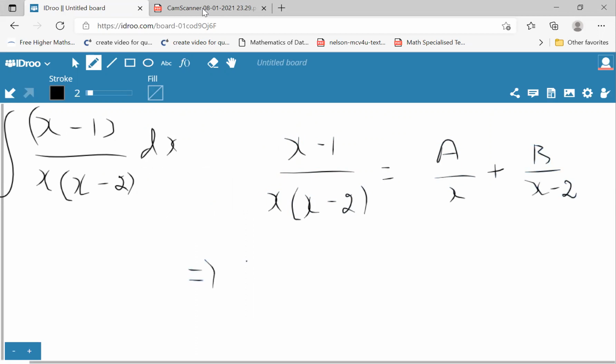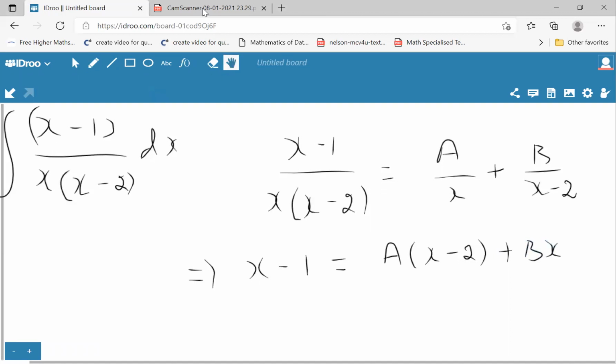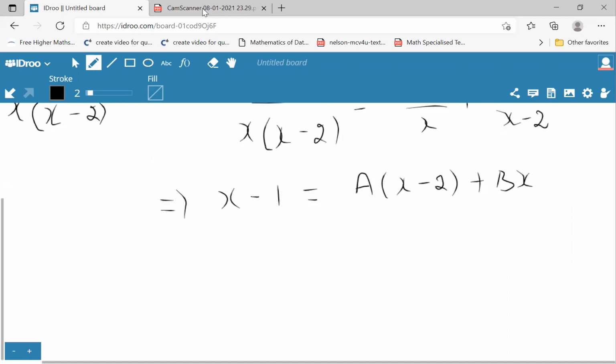This implies x minus 1 is equal to a times x minus 2 plus bx. Now equating the coefficient of like terms, let us equate for the coefficient of x. On the left hand side, the coefficient of x is 1, and on the right hand side, it is a plus b.